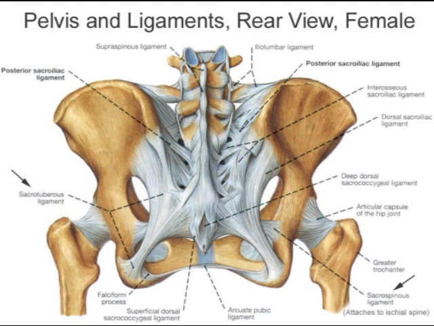The sacrospinous ligament basically attaches at the point of the pelvis we talked about before, called the ischial spine. And right where it crosses, you can see another big ligament going from the very bottom of the pelvis to the top, and that's called the sacrotuberous ligament.